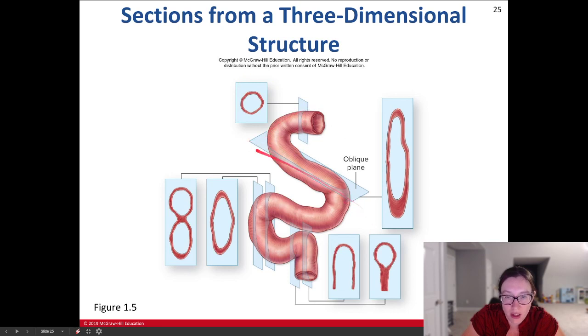But if we cut through here with this oblique plane, it would look like a much longer circle. And if we cut through here, it would look like a U. So as you can tell, it can be a little bit complicated. But any plane that is not one of the three cardinal planes that we talked about at 90-degree angles to each other, if it's a sideways plane over here, it's called an oblique plane.